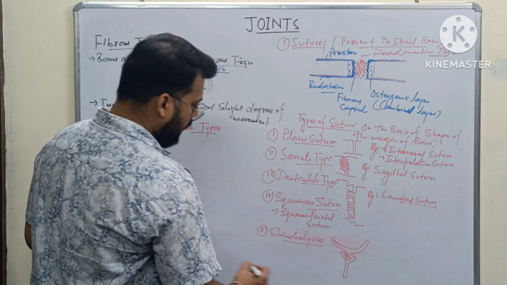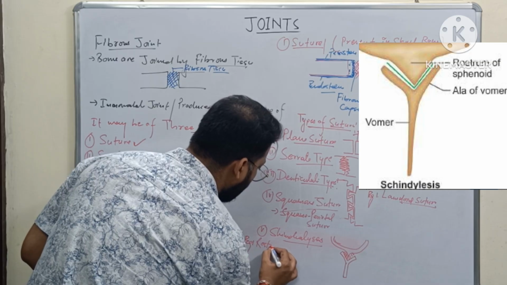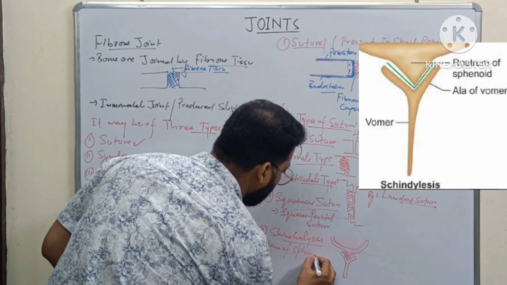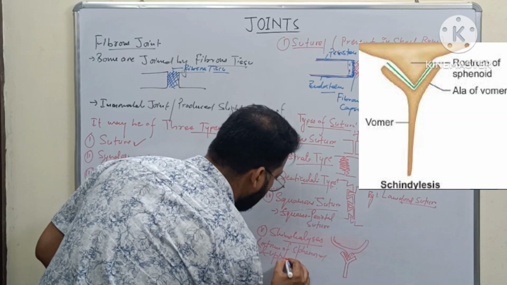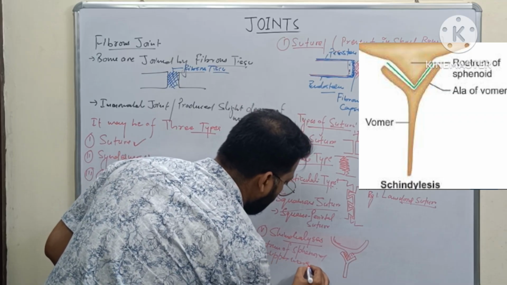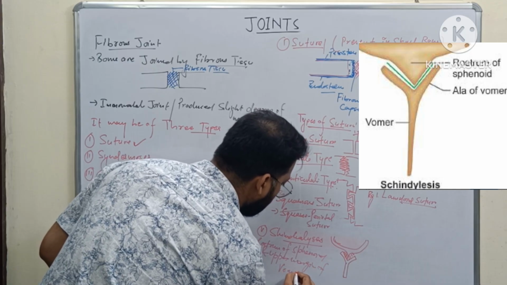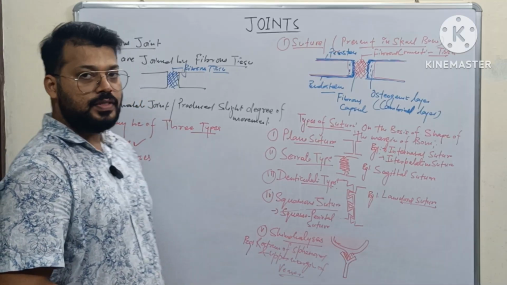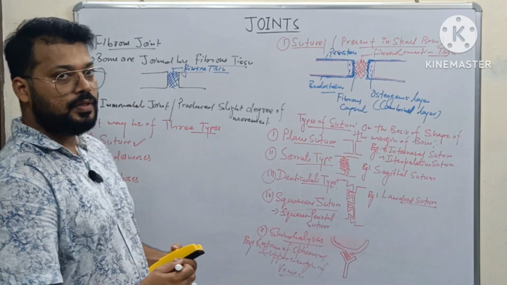And the example of schindylesis is rostrum of sphenoid and upper margin of vomer. Okay. This is the example of schindylesis. So it's all about suture.